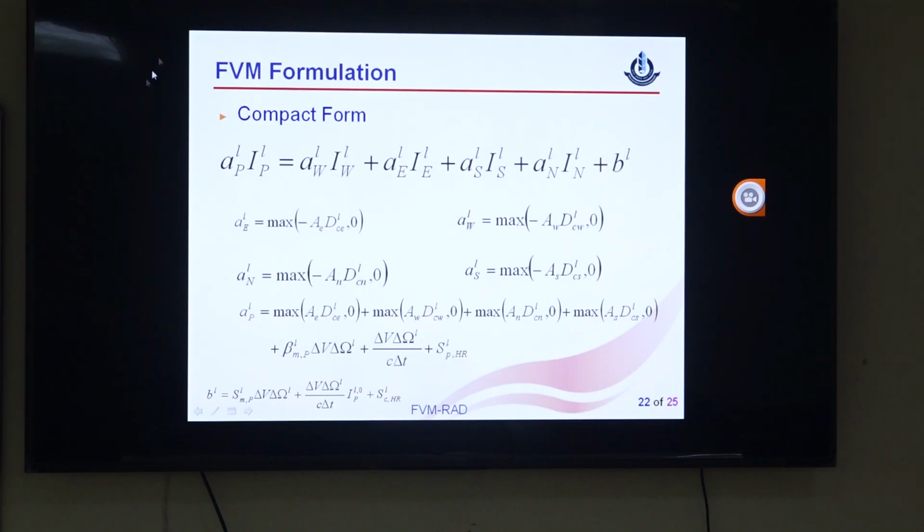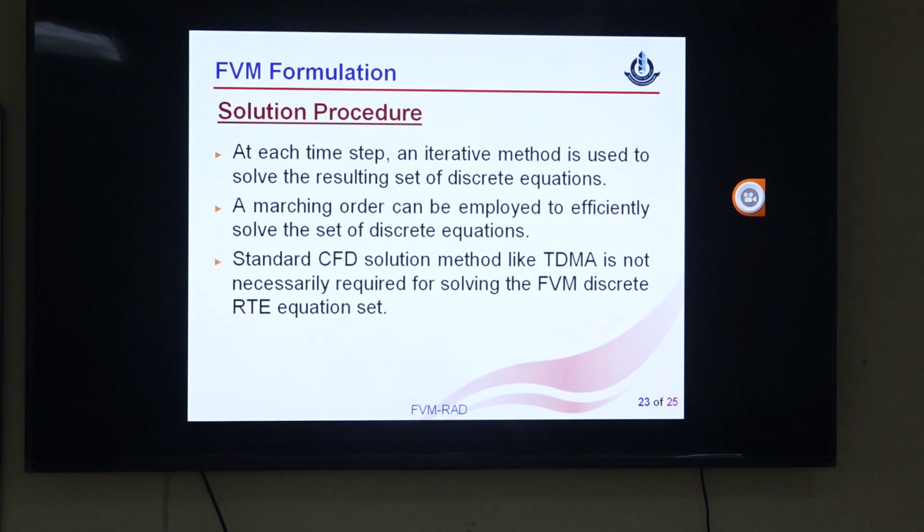All the coefficients, remember, are not activated at a time, because depending on your direction, some coefficients are added, some coefficients are eliminated. So this is the standard finite volume discrete compact form of the discrete equation, and how do we solve it?